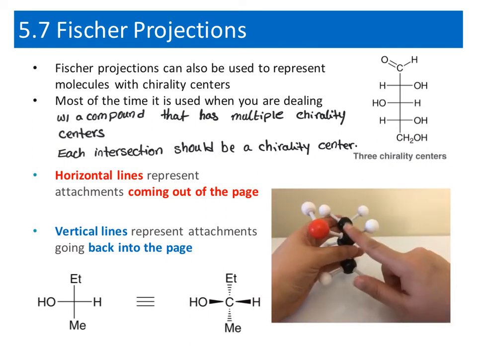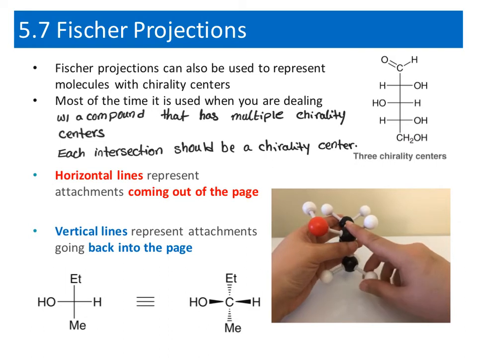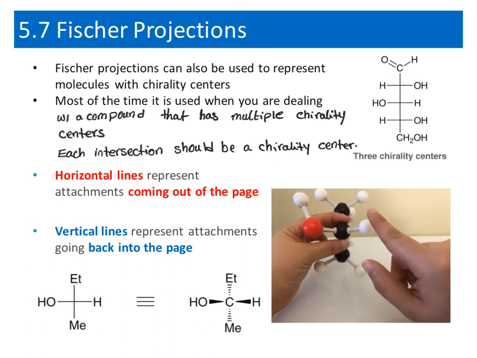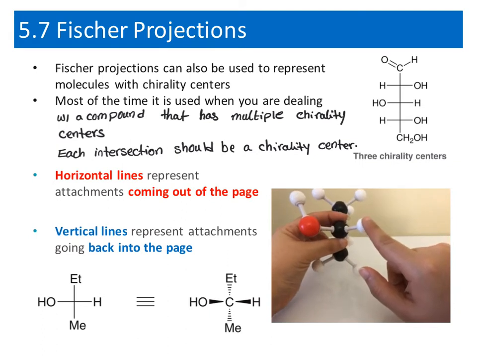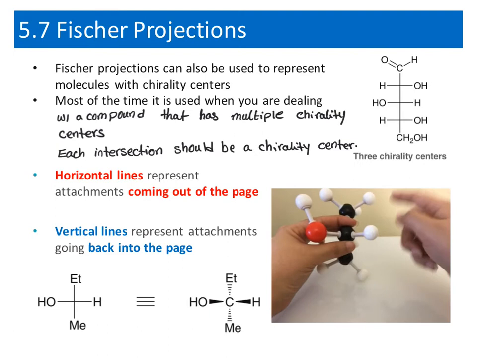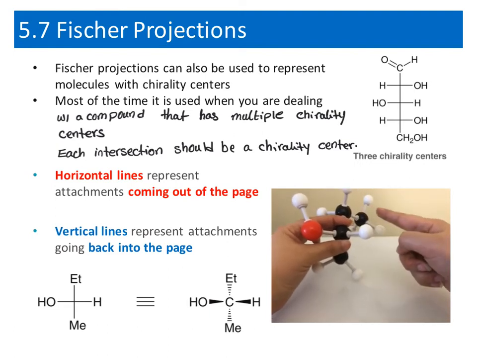This is the carbon at the intersection. It is a chiral carbon because it is attached to 4 different groups: hydrogen, OH, methyl, and ethyl, which is CH2CH3.